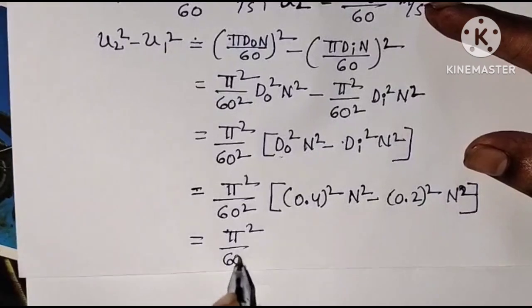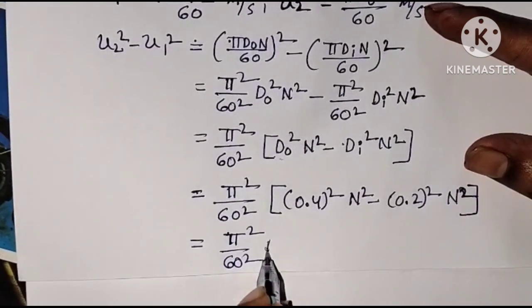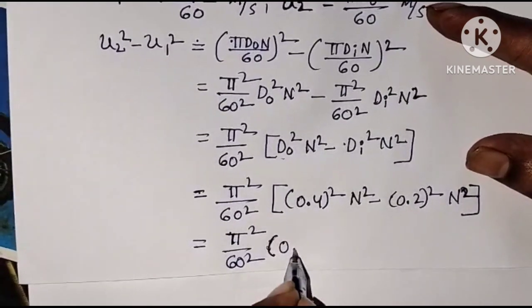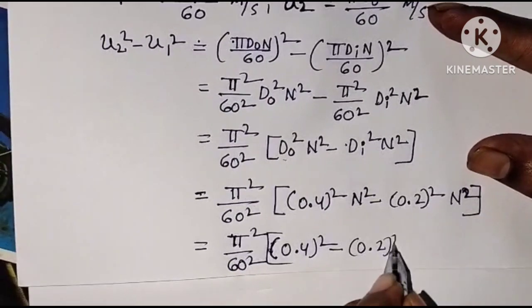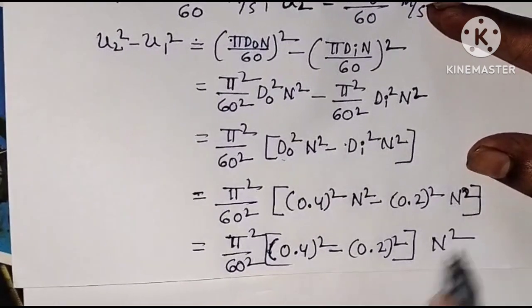So pi square by 60 square into 0.4 whole square minus 0.2 whole square into N square.